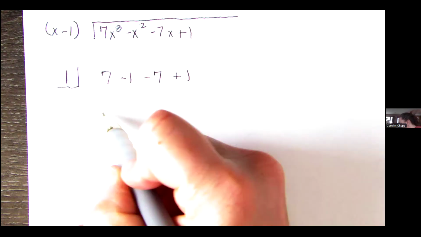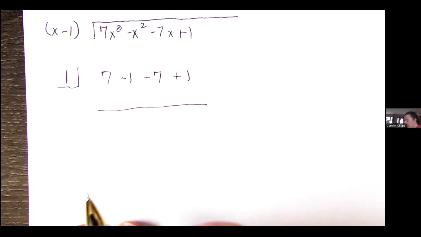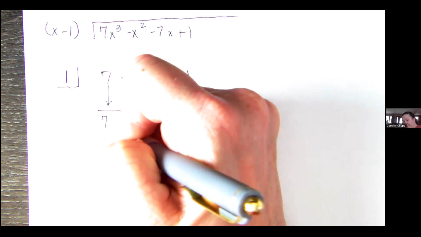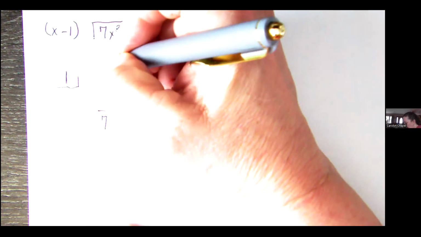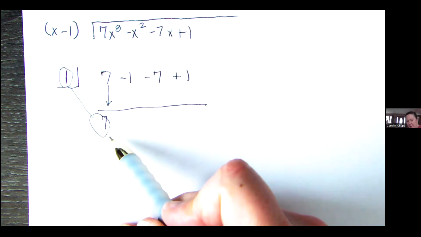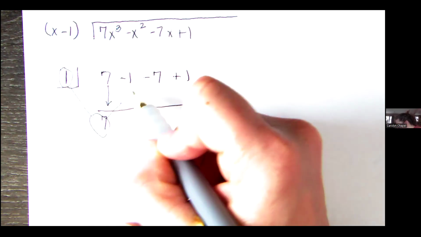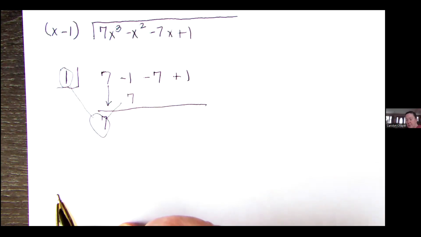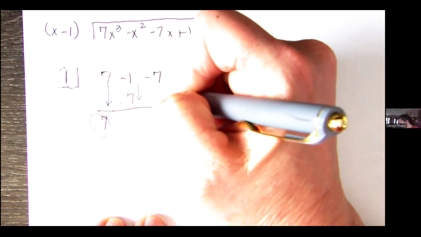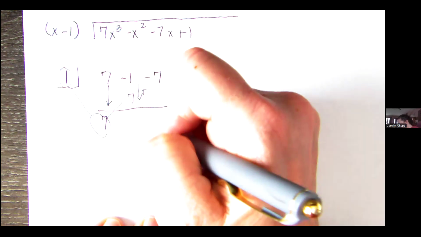The way synthetic division works is we bring down this 7. We take our x value, 1, and multiply it by the 7, and put that product here. So 1 times 7 is 7. We add these together, so that gives me a 6.